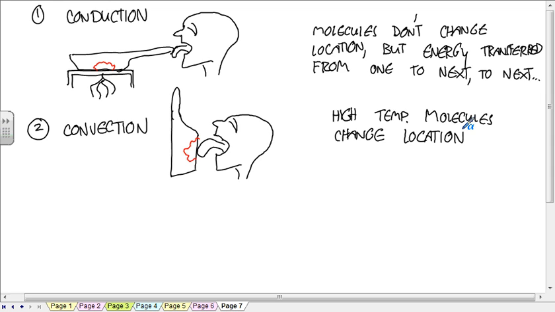Another example of convection is wind chill. The way wind chill works is, if there's no wind, you're constantly heating up the air right around you, and that keeps you warmer than if the wind keeps moving new cold air to your skin.